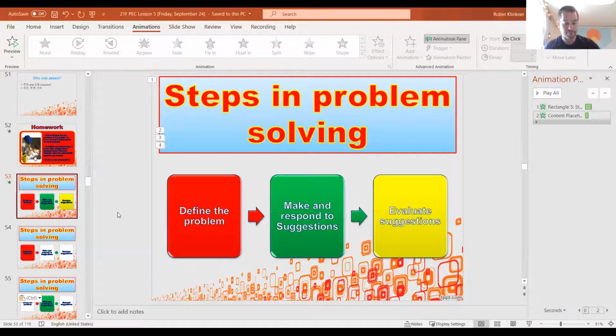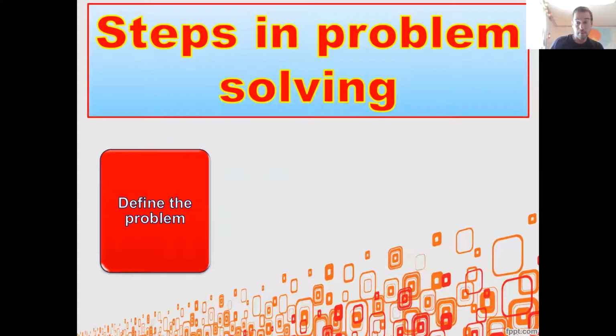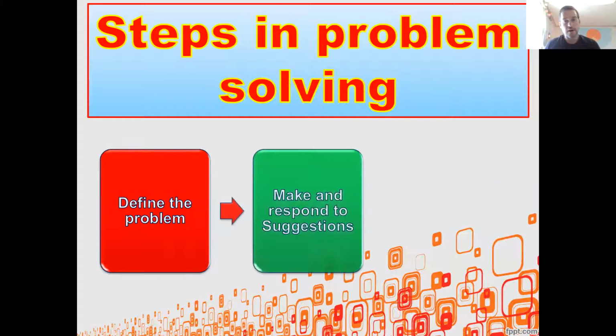So first, let's just quickly review the 3 steps in problem solving. They are, like we've been talking about, defining the problem. What are the important aspects of the problem, the most important aspects?